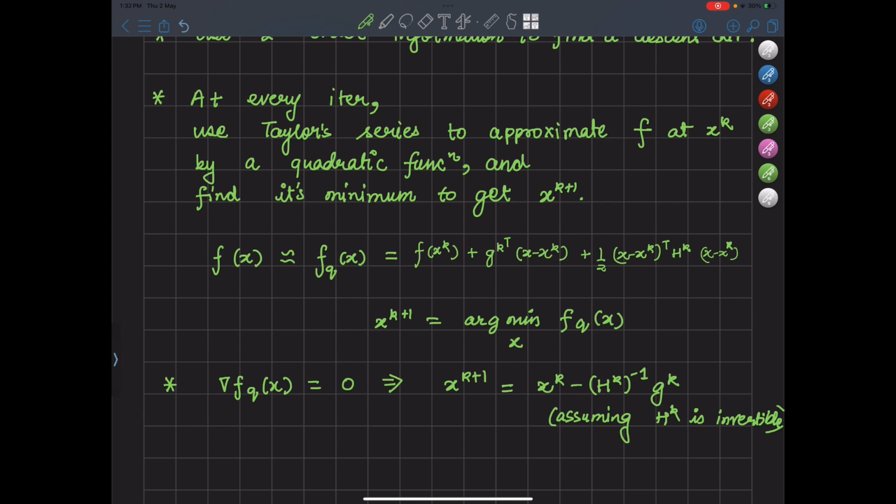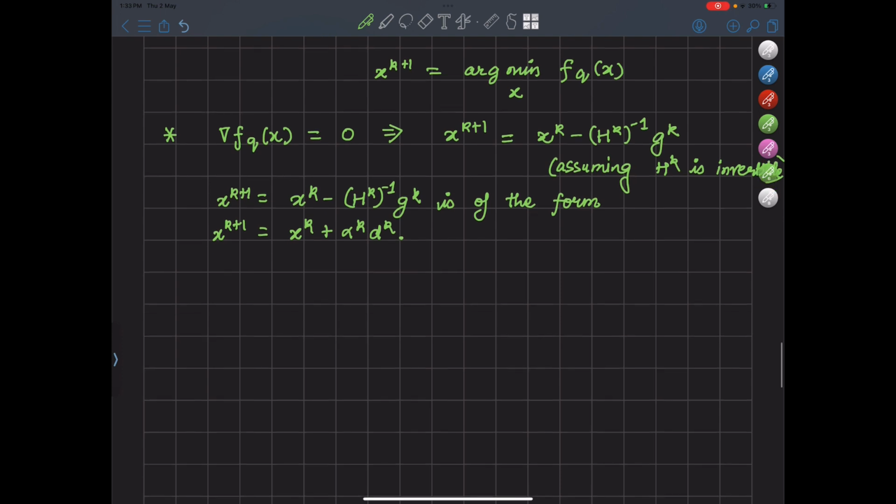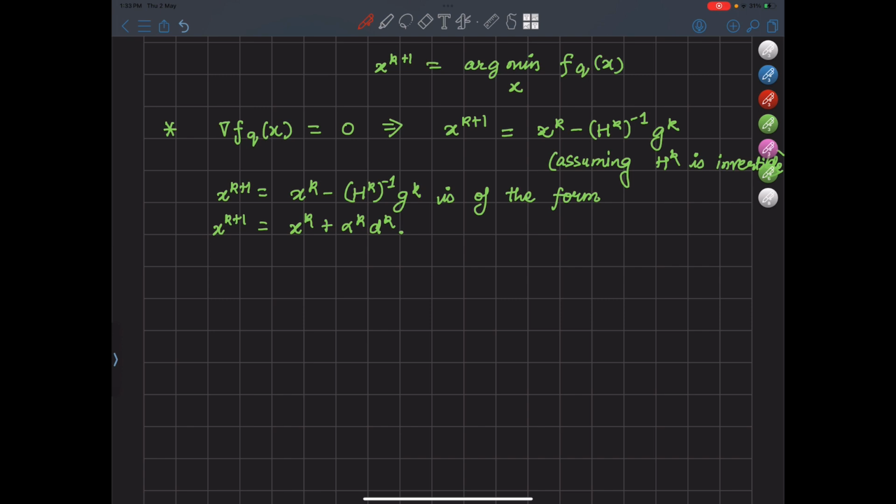So we can see that xk plus 1 equals xk minus Hk inverse gk is of the form xk plus 1 equals xk plus alpha k dk, where alpha k is considered to be 1 here. So this is called the classical Newton algorithm.